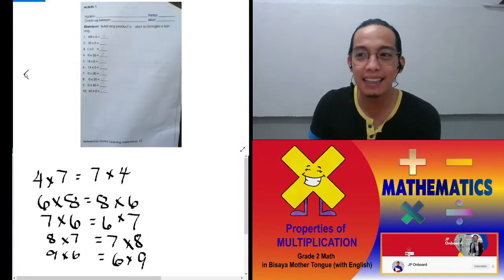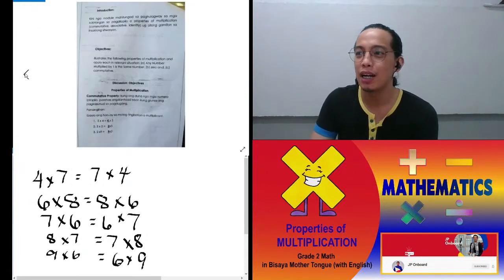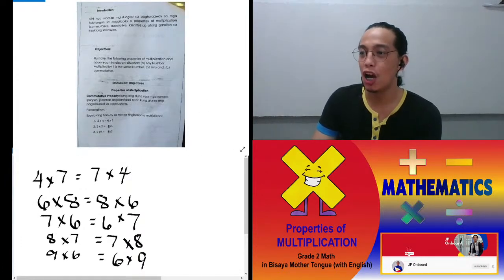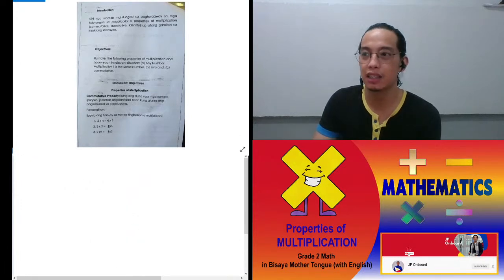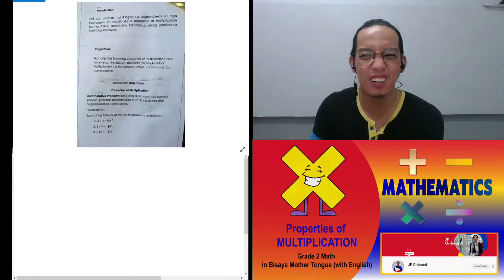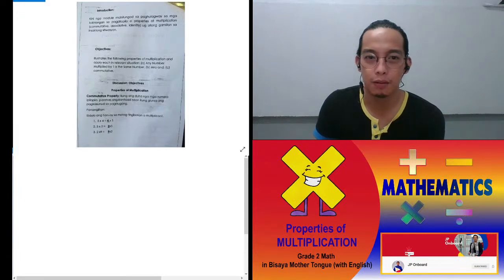So those are the three properties of multiplication. It's very, very easy, right? Let's just check if there are questions. If not, we can wrap up. We don't have questions. No questions.